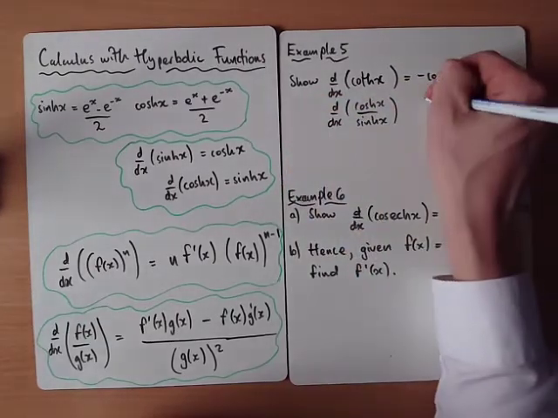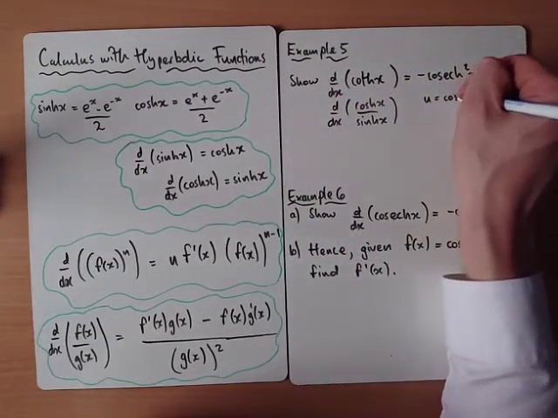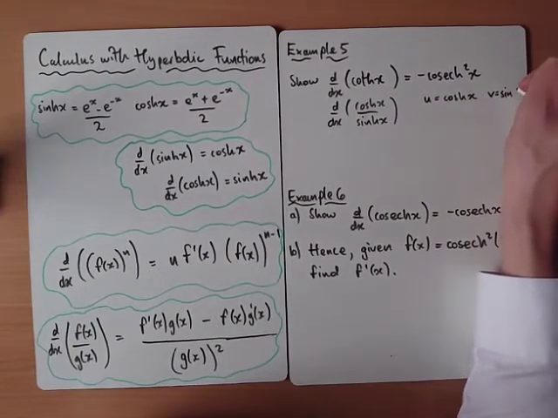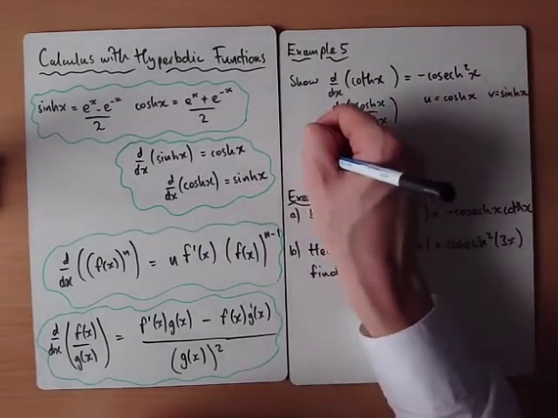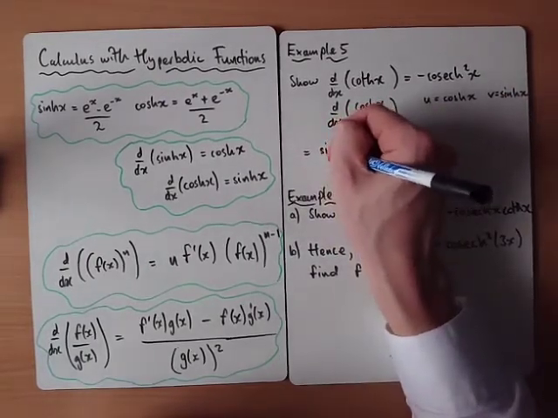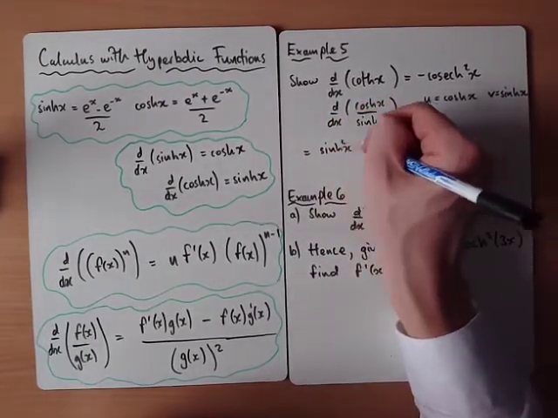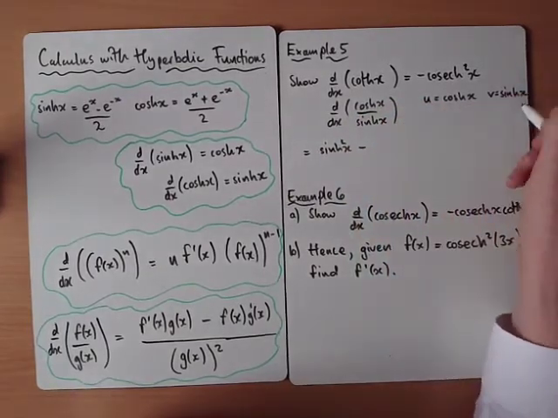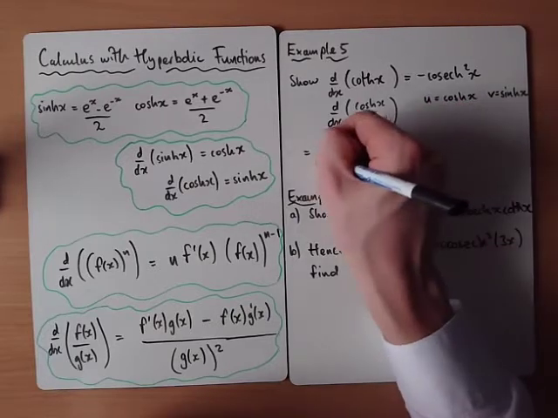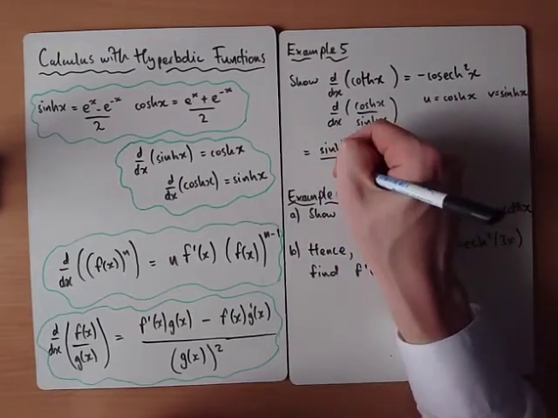So if we let u equal cosh and v equals sinh, so v times by du would be sinh squared minus u times by dv, which would be cosh squared, all over v squared, which is sinh squared.